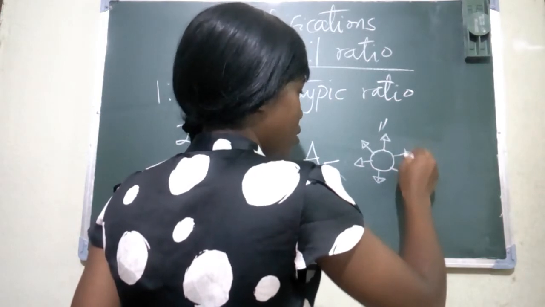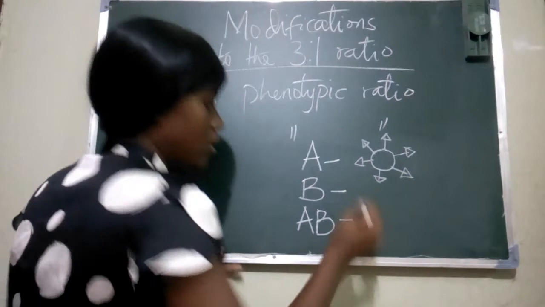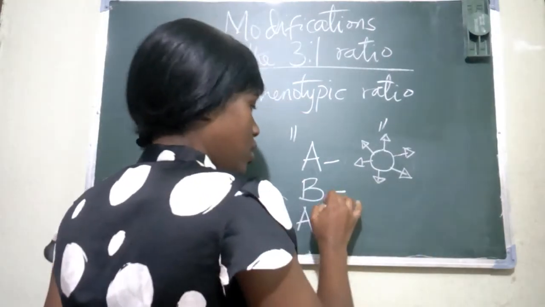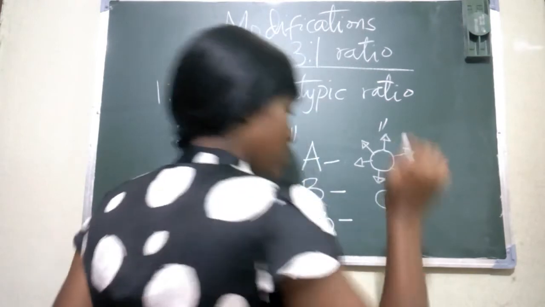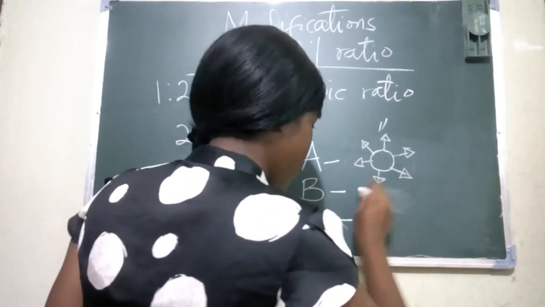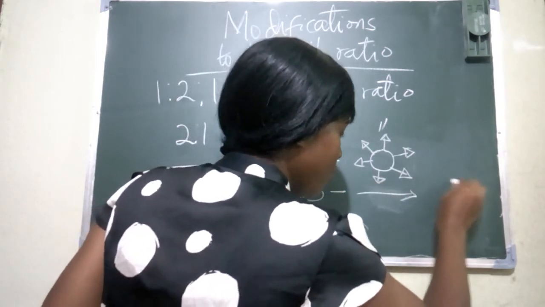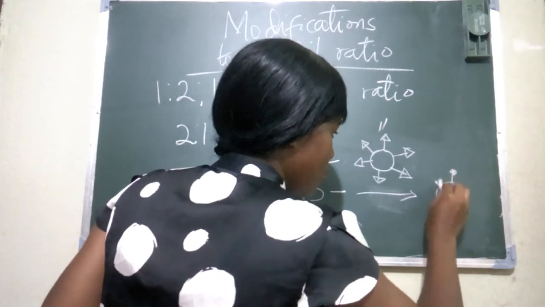Then the red blood cells of the individual with the B type of blood have this.